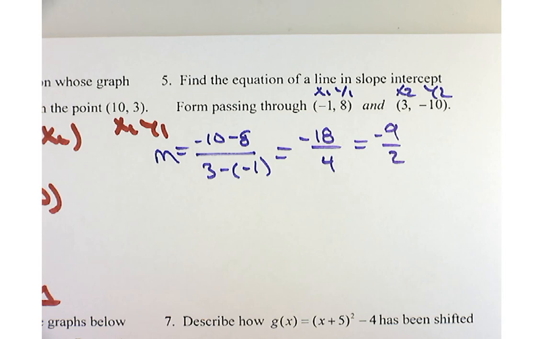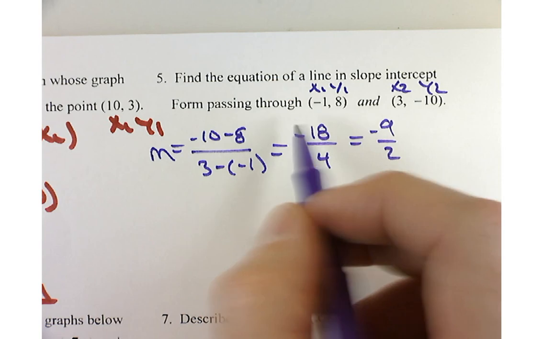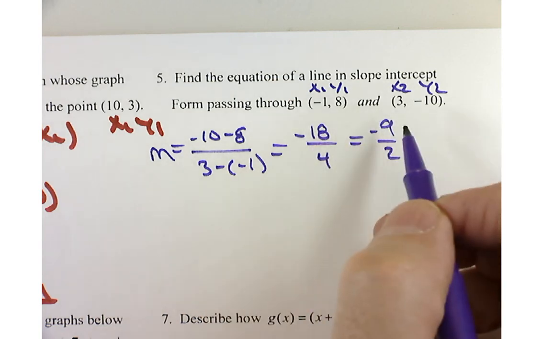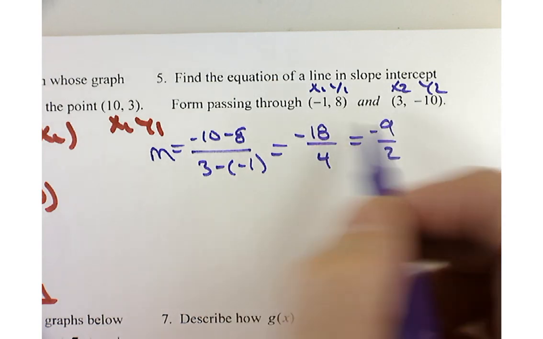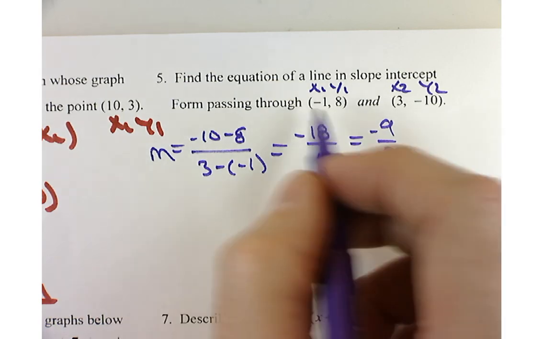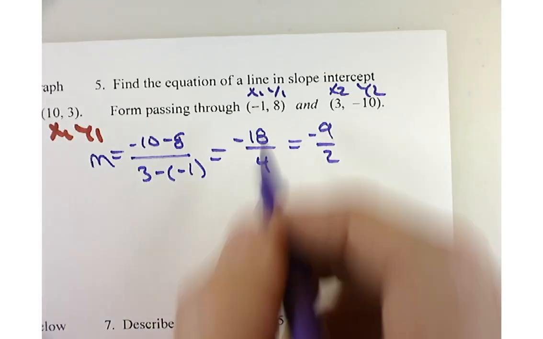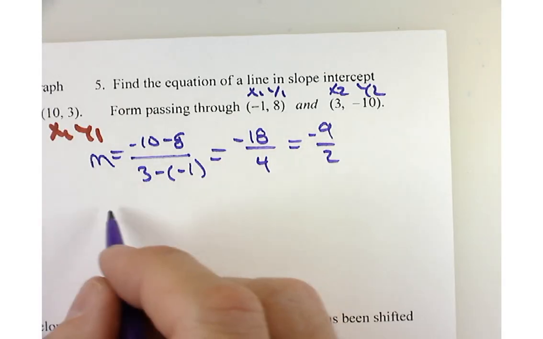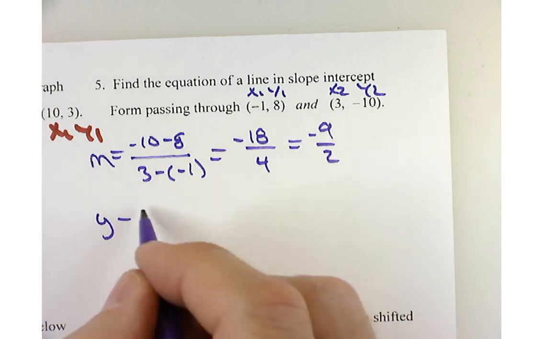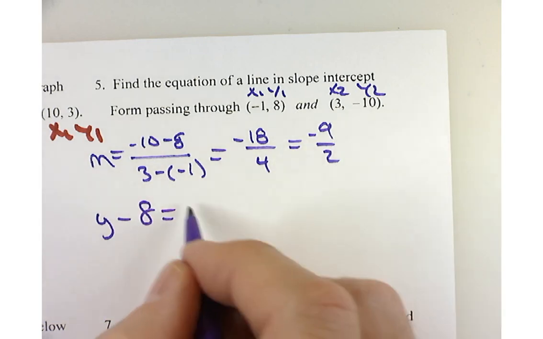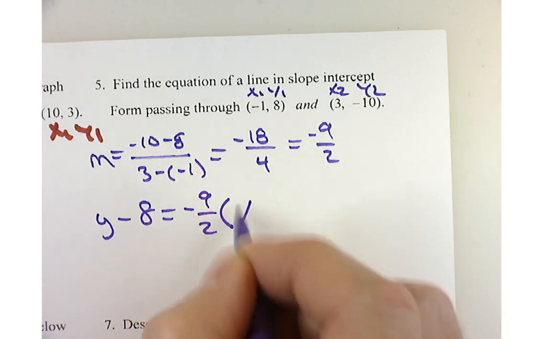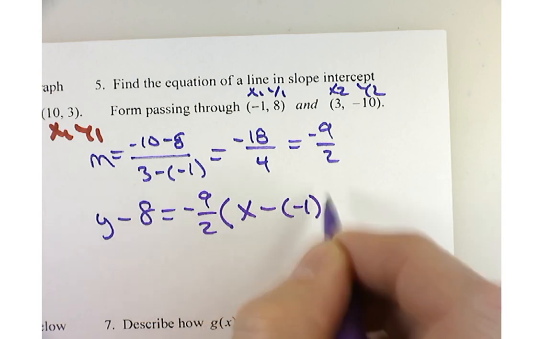negative 9/2. Let's pick either one of these points. I don't think it's going to work out very nice either way, it doesn't matter. So I'll just pick the first one and plug it into this formula over here. y minus y1, that's going to be y minus 8 equals negative 9 halves times x minus negative 1.